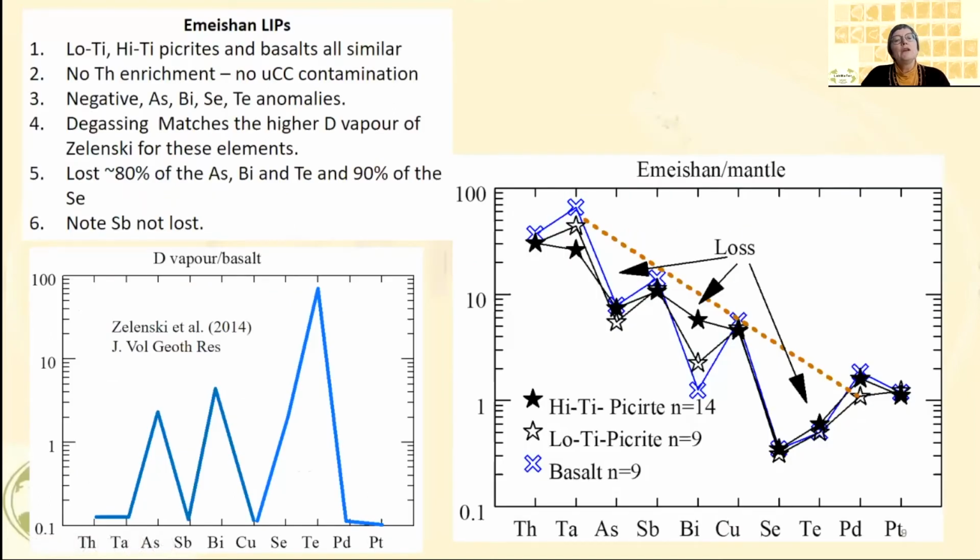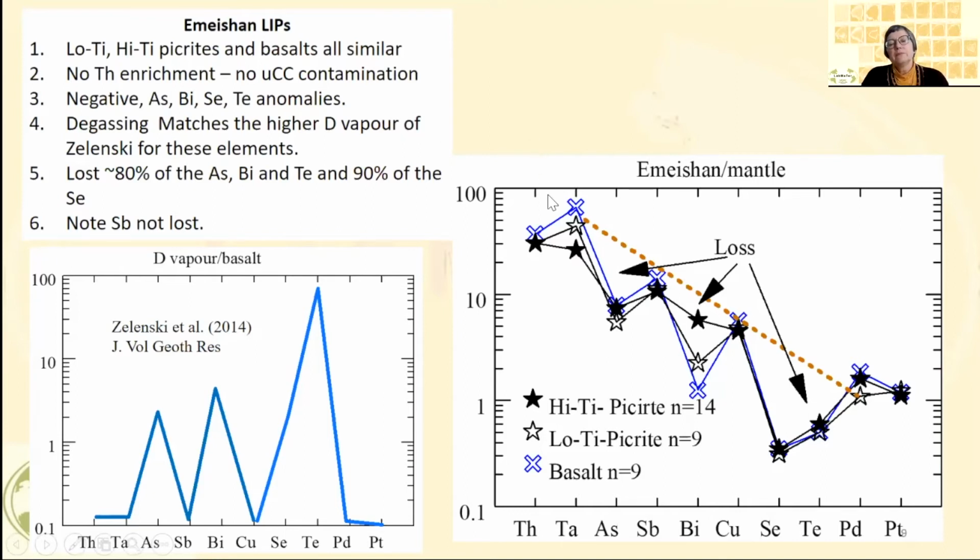What happens when we go to the large igneous provinces? We're interested in the concentrations here because we often talk about the nickel sulfides and the late intrusions as forming from magmas formed in large igneous provinces associated with plumes. So here we have the Emeishan basalts and picrites. We have both the low and high titanium picrites.